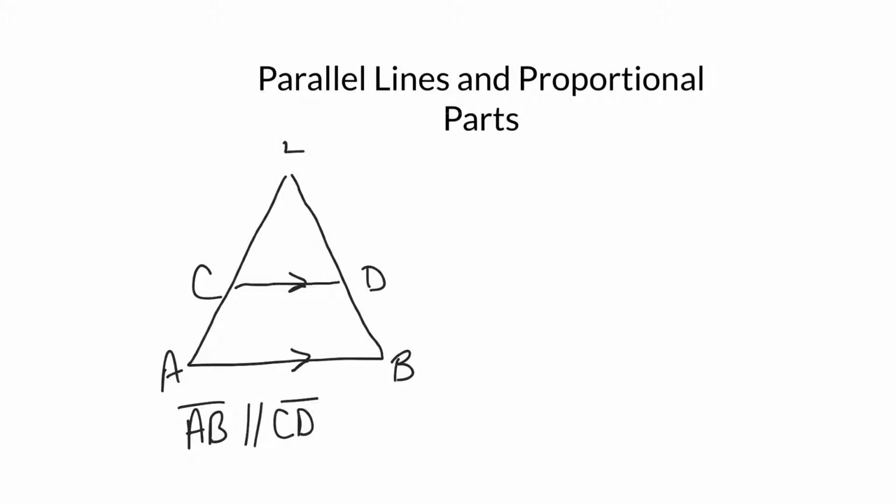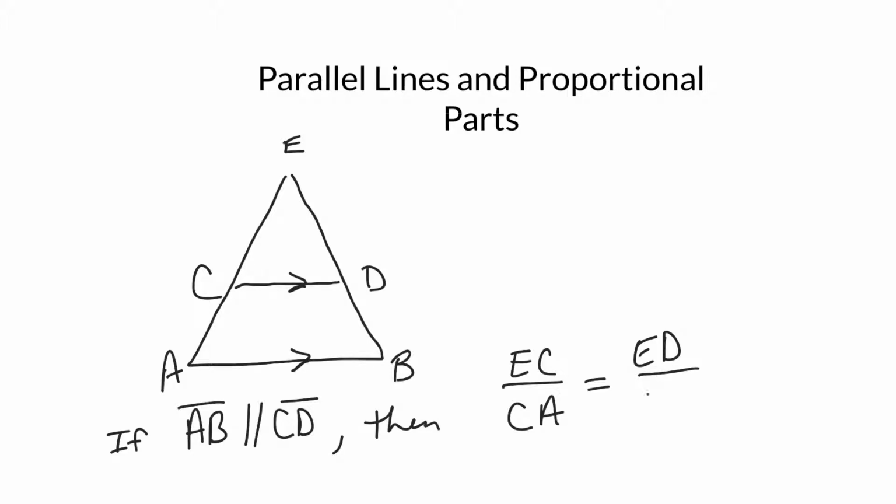So let's call this vertex E. So if AB is parallel to CD, then we know that EC to CA would be equal to ED over DB.